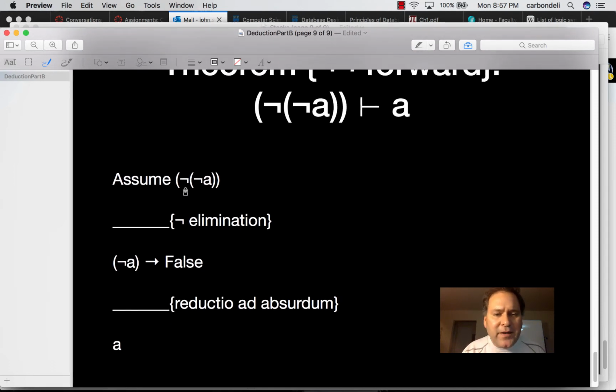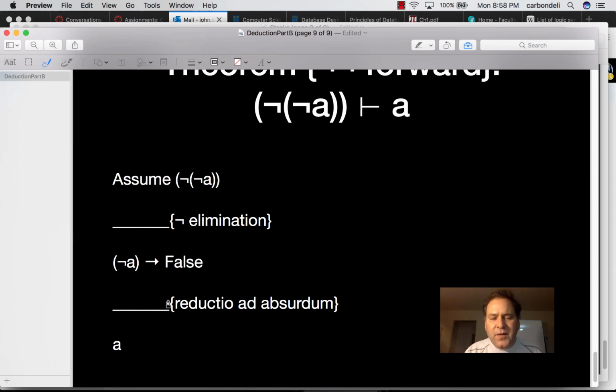So we're assuming not A is true, and then using not elimination, we're making the hypothesis that not A implies false. And the only time implication with a false as the right-hand operand results in true is when the left-hand operand is false, and that'll be precisely when A is true.